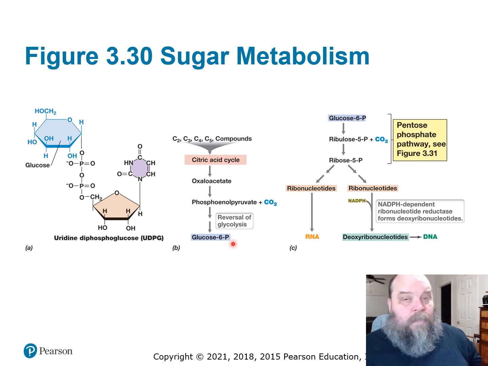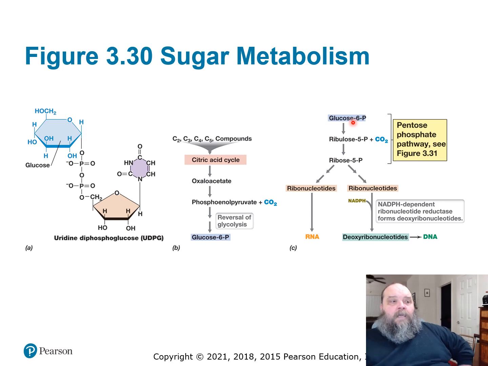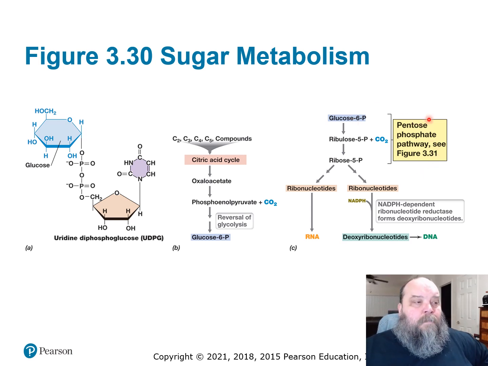And there you go, ladies and gentlemen. You now have G6P, glucose 6-phosphate. Glucose 6-phosphate can now be tagged to become UDPG or adenosine diphosphoglucose. Or the G6P can be utilized in what's called the pentose phosphate pathway.